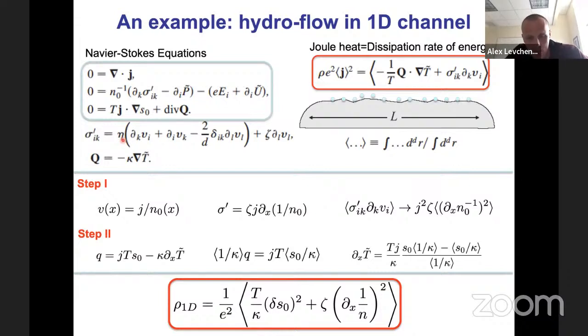Now, the power of the prediction of this formula is that nowhere in this derivation did we say anything about the strength of interactions or being perturbative in nature, which is hinted at in all of, let's say, the Boltzmann calculations. All details of interparticle interactions are hidden in these quantities, meaning the thermal conductivity, viscosity, and equation of state, which in this case is given by entropy, density, and so on.